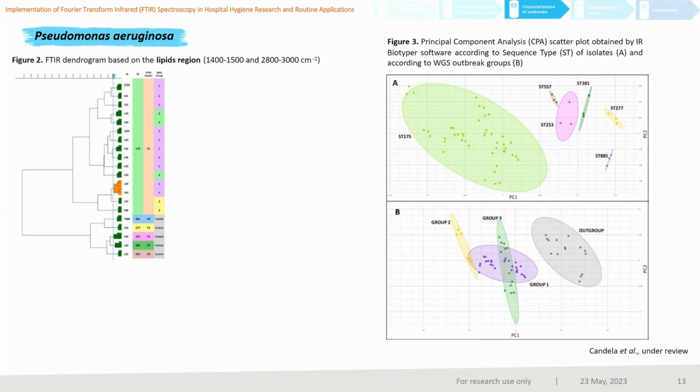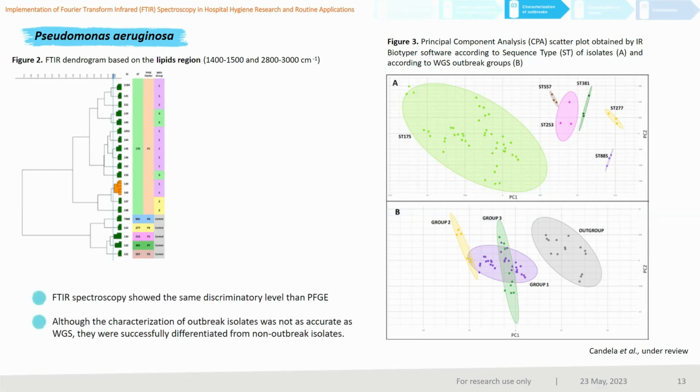But in any case, it was still useful for accurate classification of all outbreak-related isolates. So from this study, we conclude that FTIR spectroscopy achieved the same discriminatory level as PFGE, and although the discriminatory level was not as high as that of whole genome sequencing, it identified successfully the outbreak isolates.